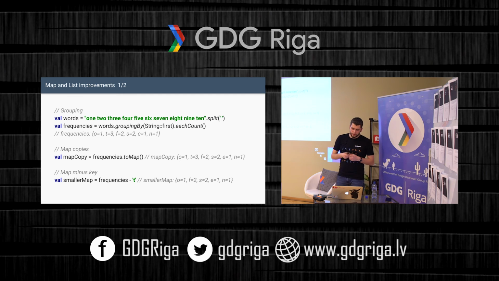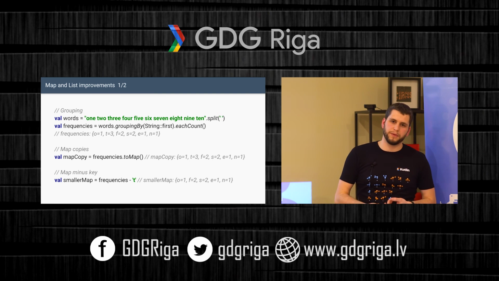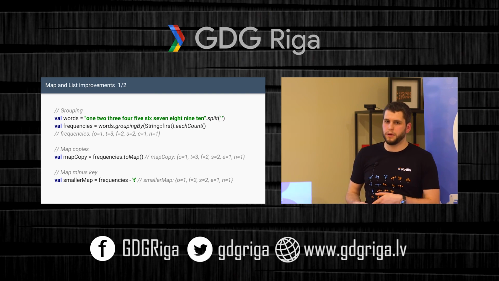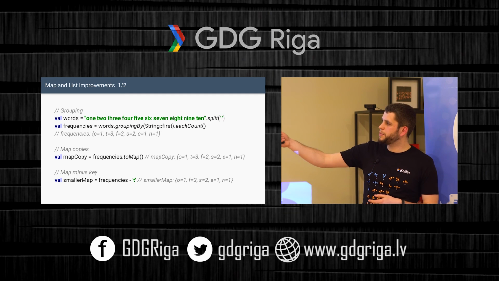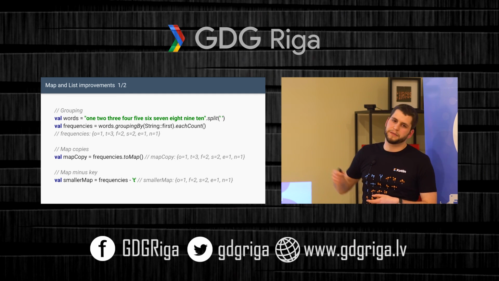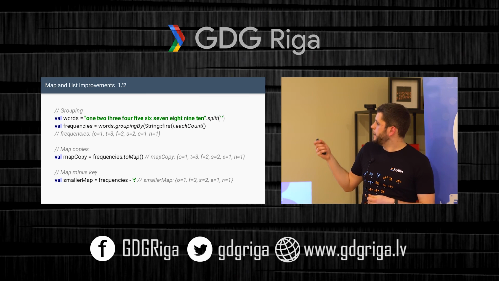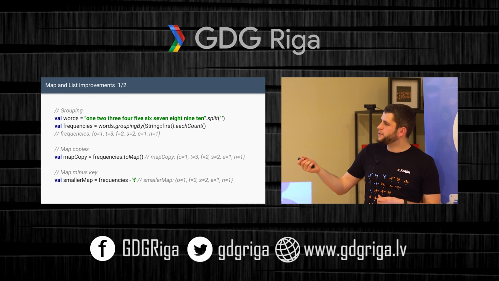And they added easy ways to copy maps, because previously there was no such method as toMap for the data. And there is also toMutableMap, which returns a mutable map, because all the collections in Kotlin are immutable by default. So here, map copy is actually a deep copy of frequencies. Yeah. And then there is the minus operator.